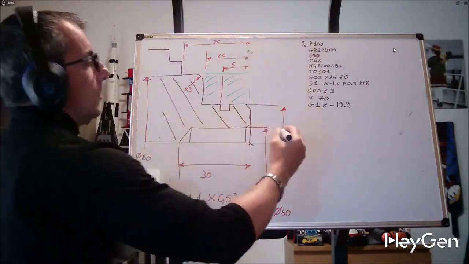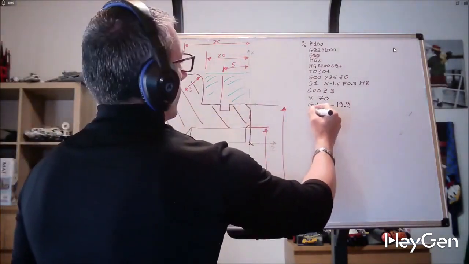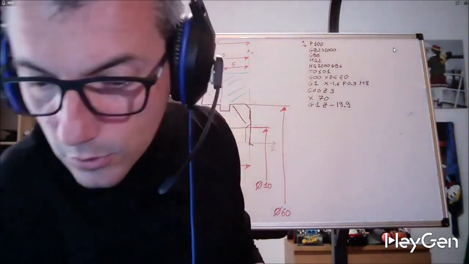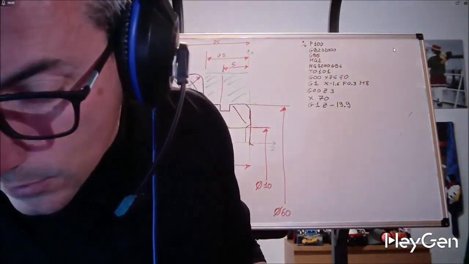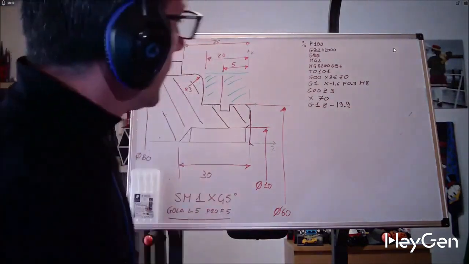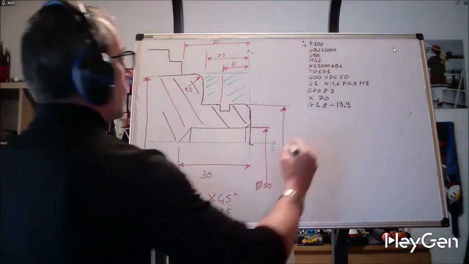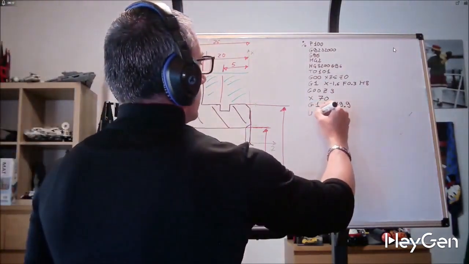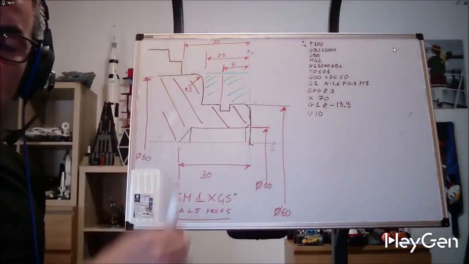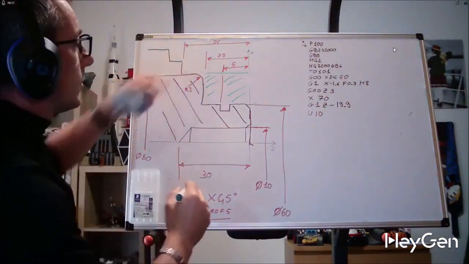Every time, excuse me a second, I never remember if U refers to X or V. So here I can use U10. Do you remember? Incremental. In X, I raise by 10 mm, so I go back to 80.